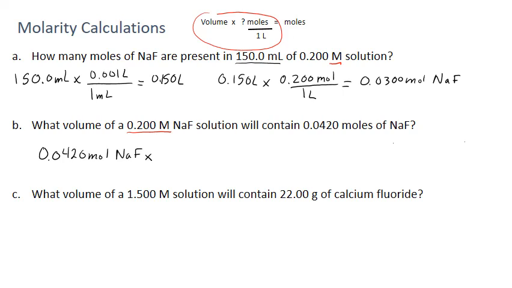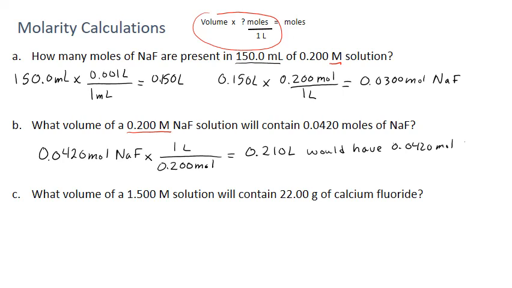That can be used in the inverse. So for every 0.200 moles, there would be 1 liter of solution. This would work out to be 0.210 liters of solution would have 0.0420 moles.